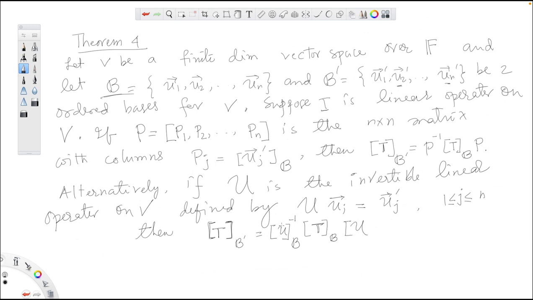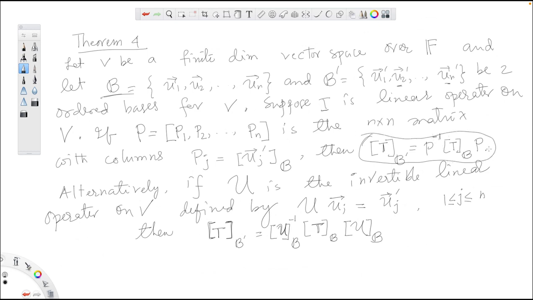So now this is not a vector anymore, this is a linear operator. This is an alternative expression of the same thing.